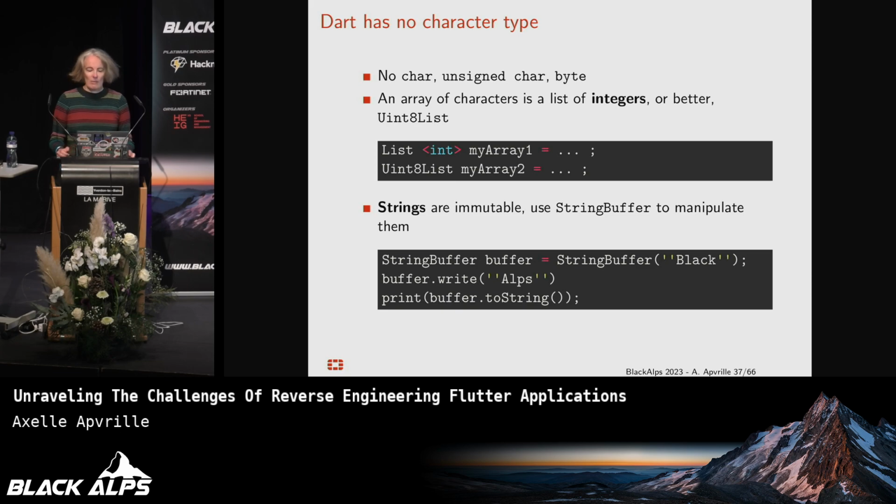And to understand a little bit more, you've got to know another important fact: in the Dart programming language, you don't have any type for bytes or for characters at all. Which means that the only thing that you have is actually integers. That's the best that we have there.